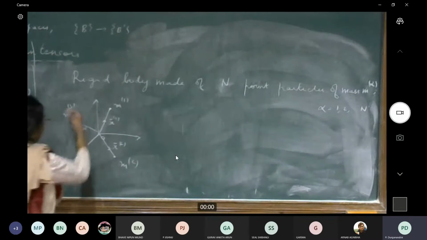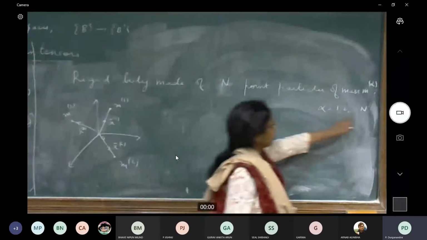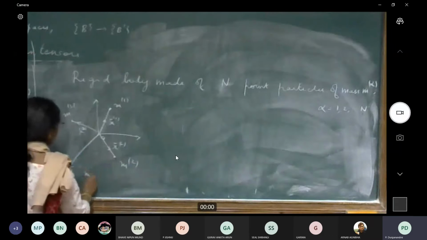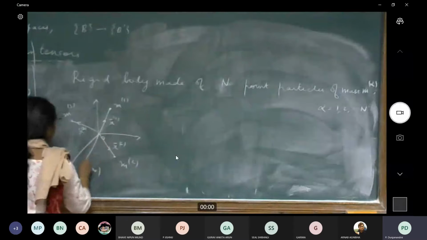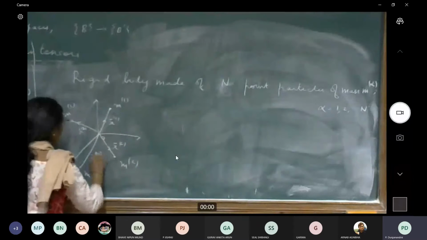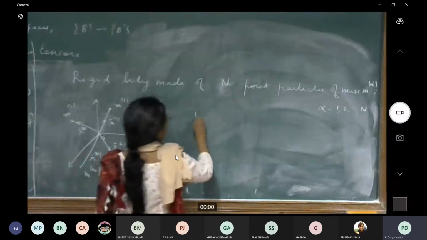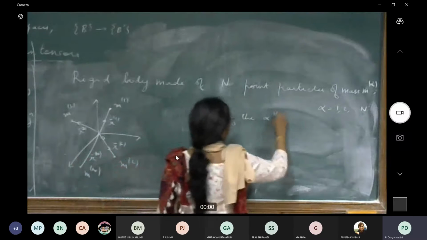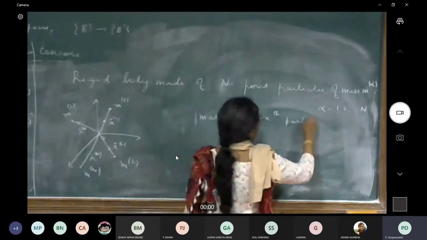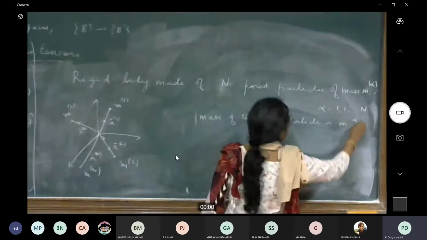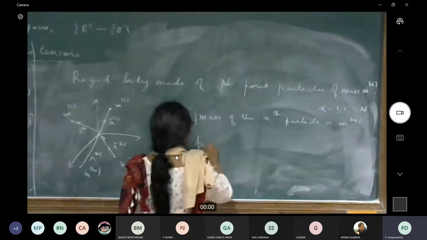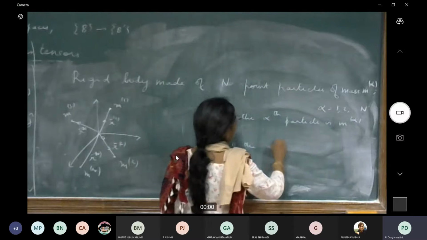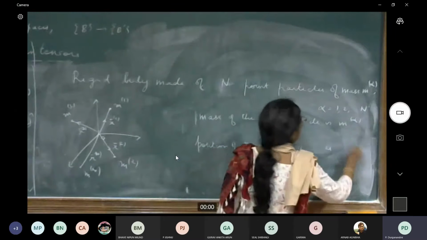Now let me say that I'm not restricting myself to just 3 particles. I have more than 3 particles. Let's say most generally I have up to some n number of particles. I'm denoting the mass of the alpha particle as M alpha, and the position vector of the alpha particle as R alpha.